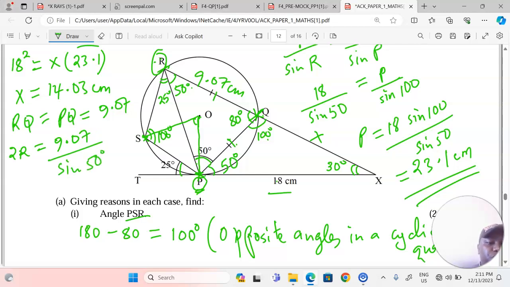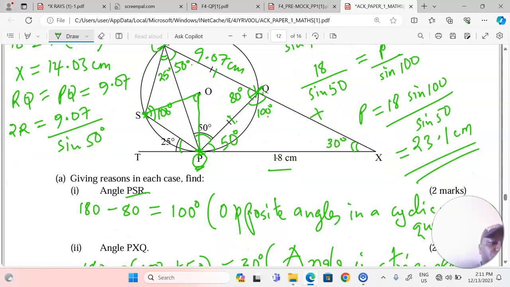So twice the radius is given by 9.07 divided by sine 50. Because this is twice r, to get r I divide by 2. This is going to be 5.9 centimeters to 1 decimal place.